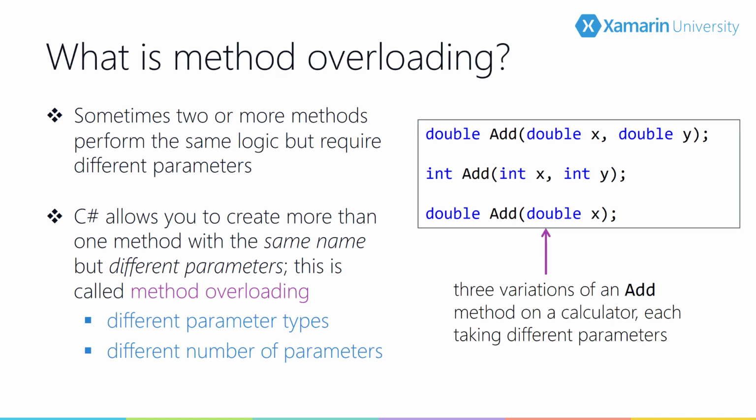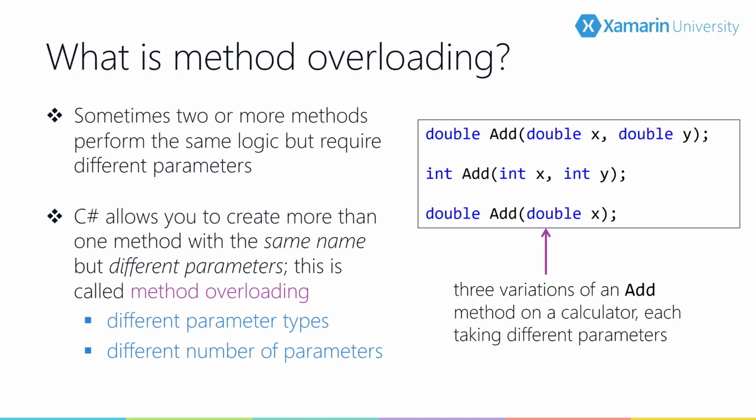Now this leads to another concept called method overloading. And the idea is that sometimes you'll want to create methods that have the same name, and normally they only differ by the parameters. So for example, in this code, you can see we have 3 methods called add, and they all have different parameters.